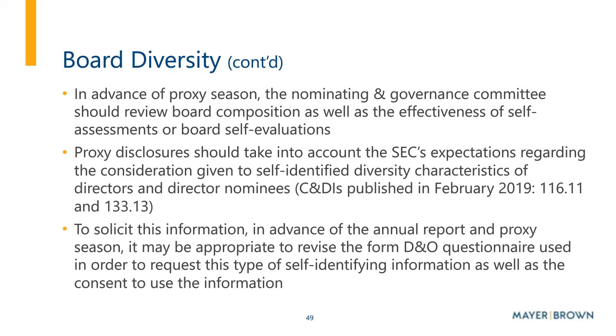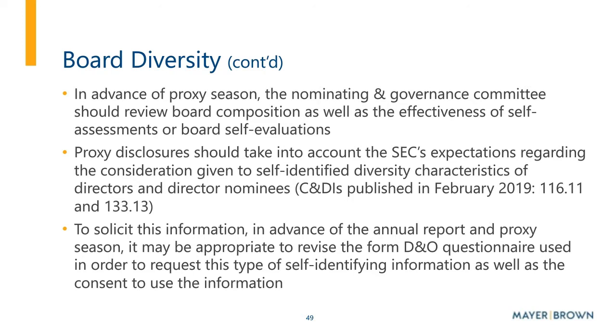diverse director nominee candidates. As well, a practice pointer there to solicit information in this year's D&O questionnaires regarding the type of self-identifiable information on director diversity that a company can include in its annual report or proxy.